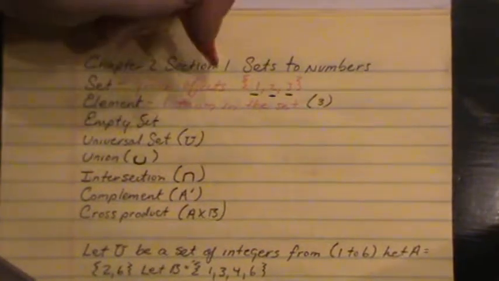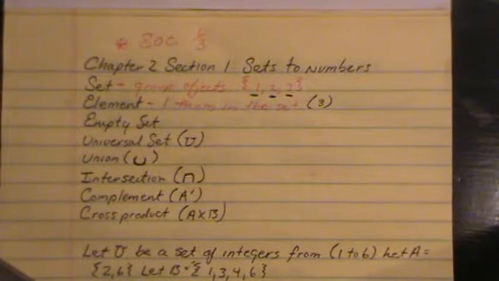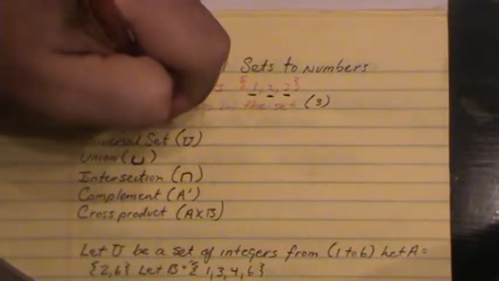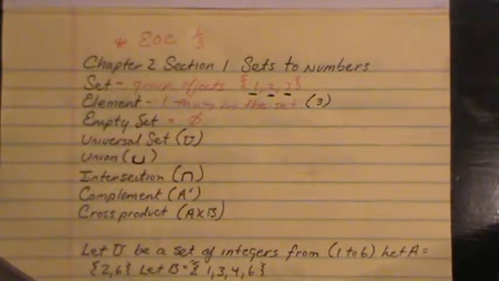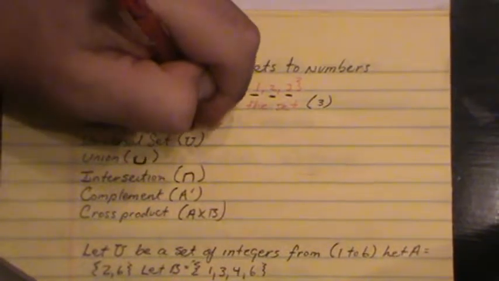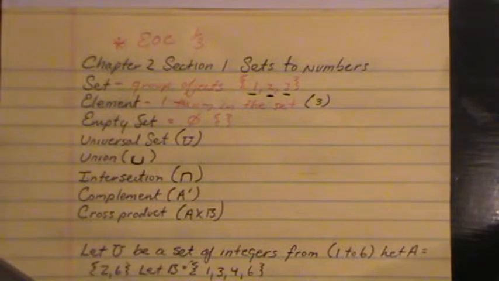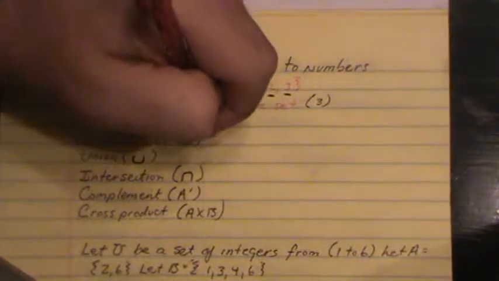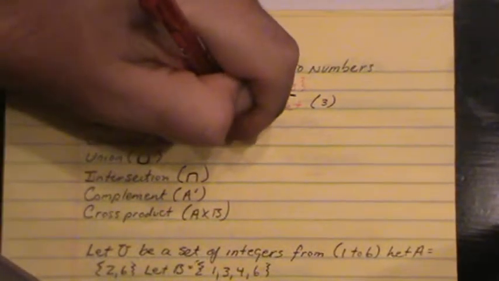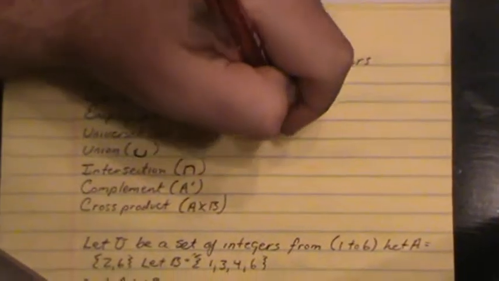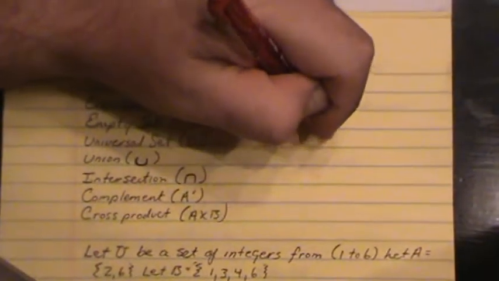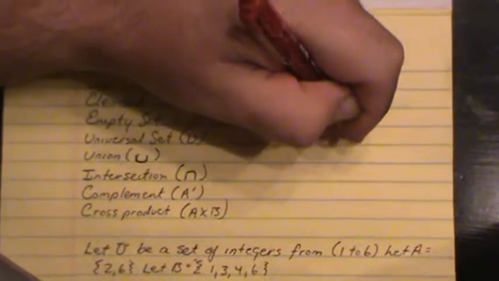An empty set verifies that you have nothing in that set. An empty set can be written like this, or an empty set could be written such as that. A universal set is a group of all numbers used in a problem.